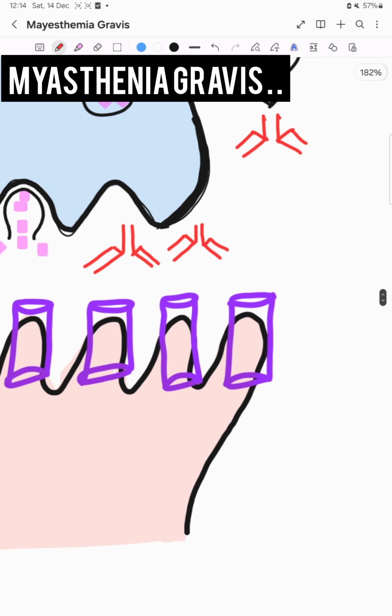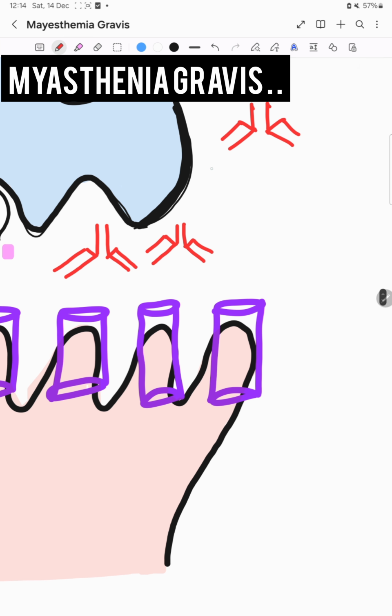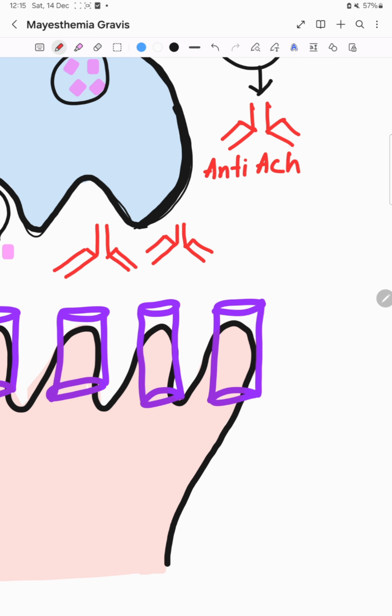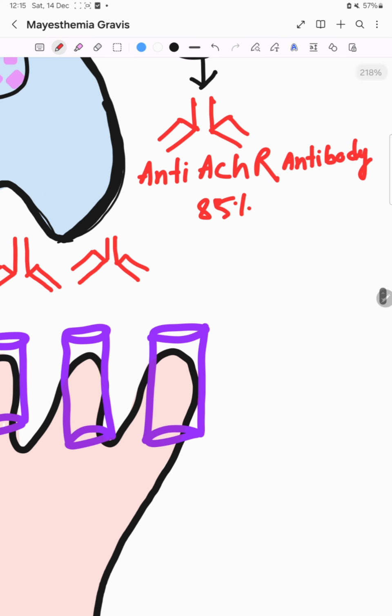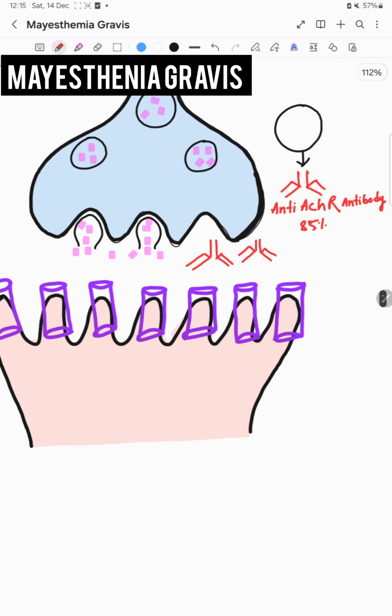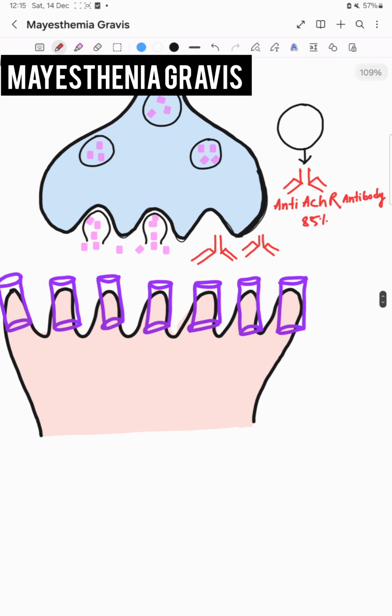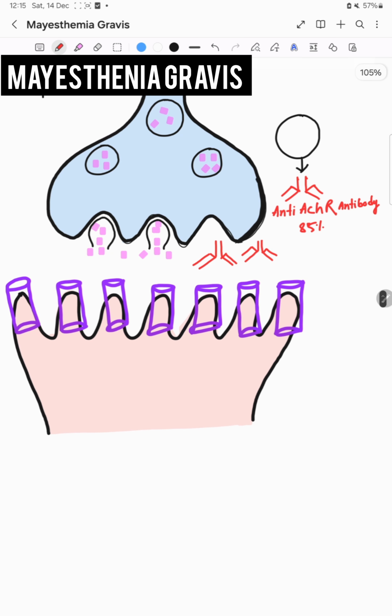So these antibodies are named anti-acetylcholine receptor antibody. For 85% of cases of myasthenia gravis, the antibody produced is the anti-acetylcholine receptor antibody, and they are basically IgG type antibodies.